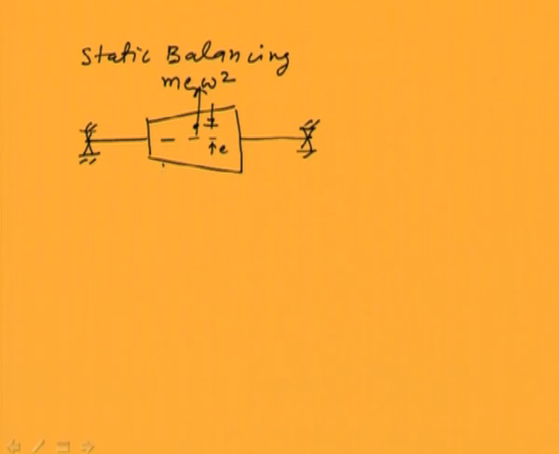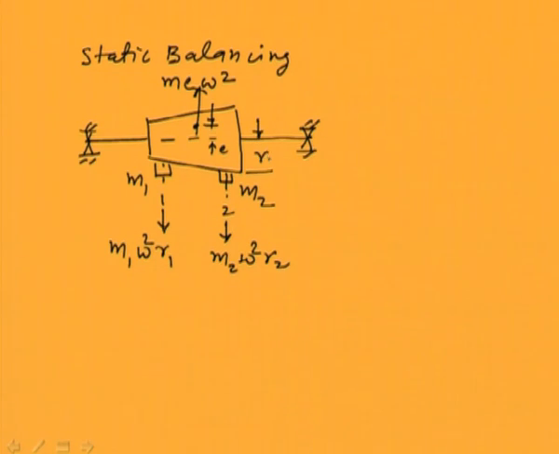Now let us say we have two planes, plane 1 and plane 2, where we can put the correction masses M1 and M2. These correction masses will give rise to forces M1 omega square. Their position is, let us say, R1 and R2. So this radial position is R2, and this position is R1.